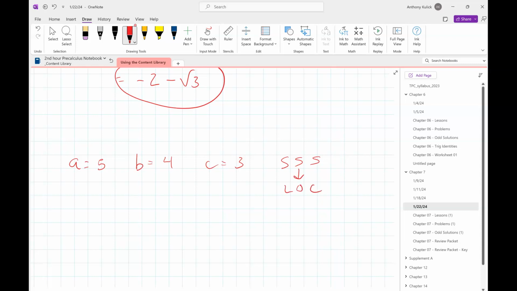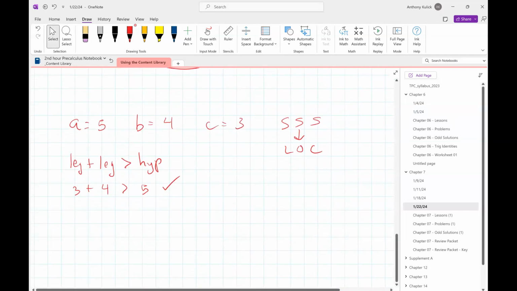Before I start this problem any further, what do I need to check, though? Yeah, I need to check if a triangle is possible, right? The sum of the two legs has to be bigger than the hypotenuse. That's true. I'd want to put that on my note card as something to remember to check in a side, side, side situation.